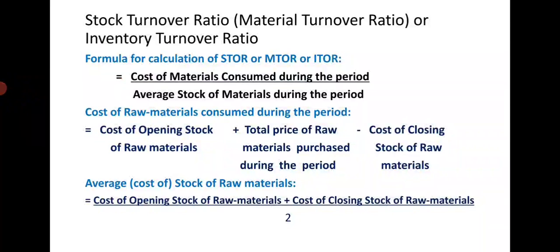Cost of opening stock of raw material plus total price of raw material purchased during the period minus cost of closing stock of raw material. So average stock of raw material can be calculated as follows. Cost of opening stock of raw material plus cost of closing stock of raw material divided by 2.